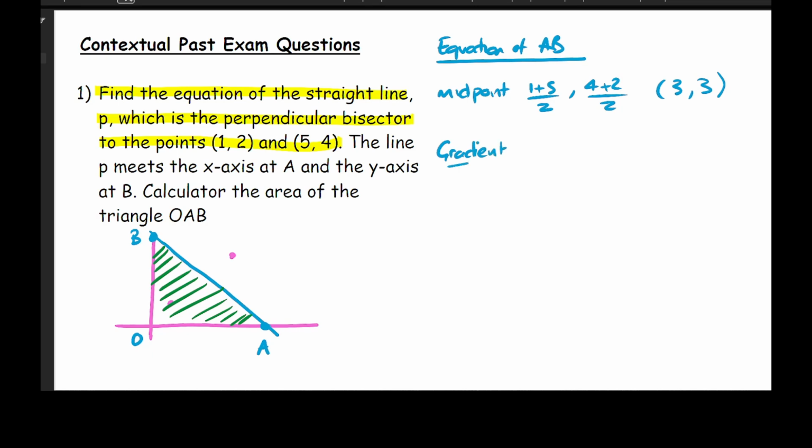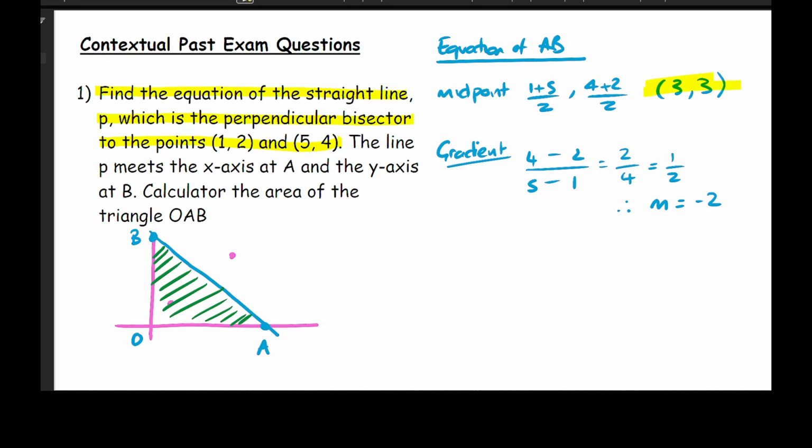So it's going to be 4, 5 and 2, 1, in which we get an answer of 2 over 4, and that's going to give me a half. So M is going to be the negative reciprocal of that, which is -2.